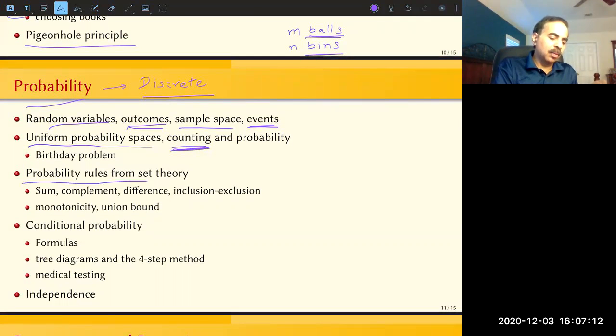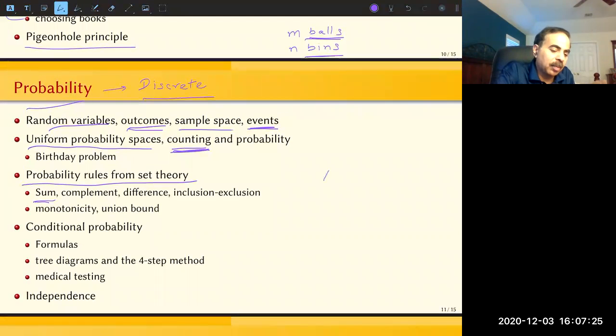So we showed how many things that we learned in set theory can be very directly applied to probability and can be used to compute probabilities. If you have a probability of A and a probability of B, where A and B are events, which again are sets, and you're asked what is the probability of A union B, then this is a counting problem.